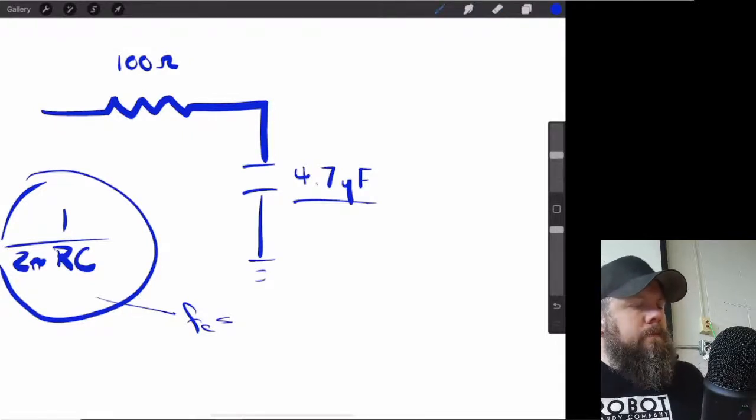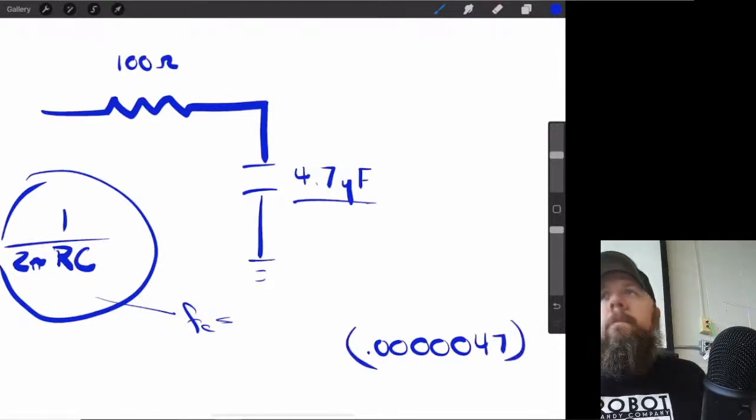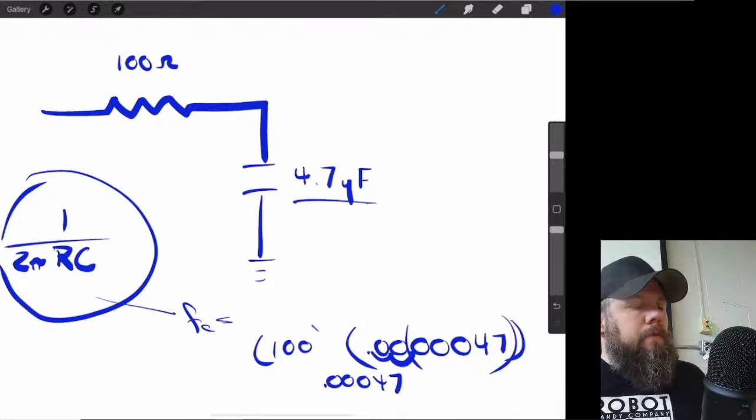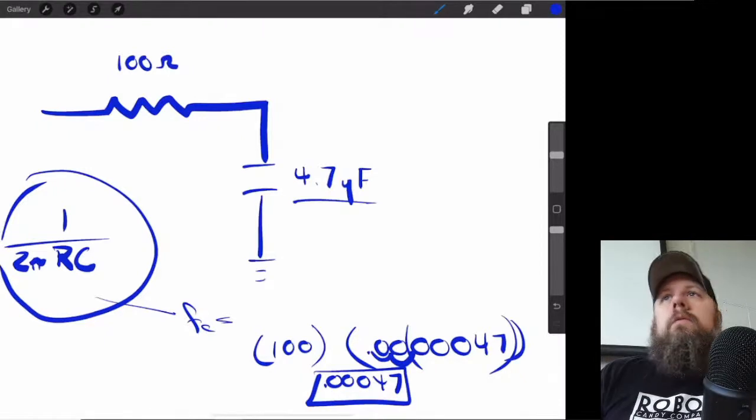Okay. All right. So we're going to convert that micro into a farad. Then we're going to multiply it by 100. And then we're going to take that 0.00047. You could multiply that, but it's going to give you this, right? And then multiply it by 6.28.